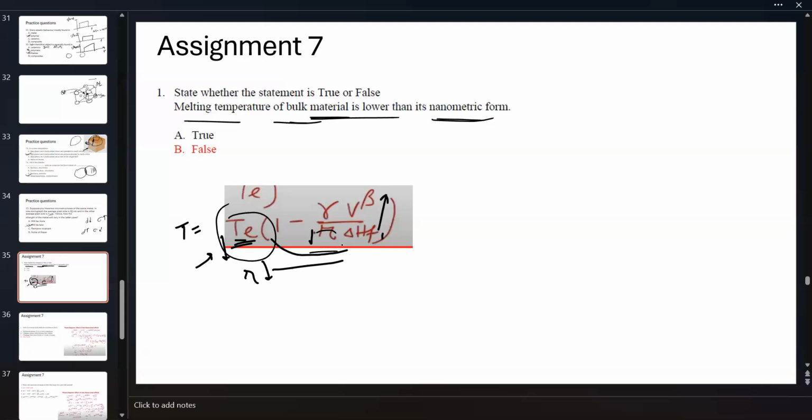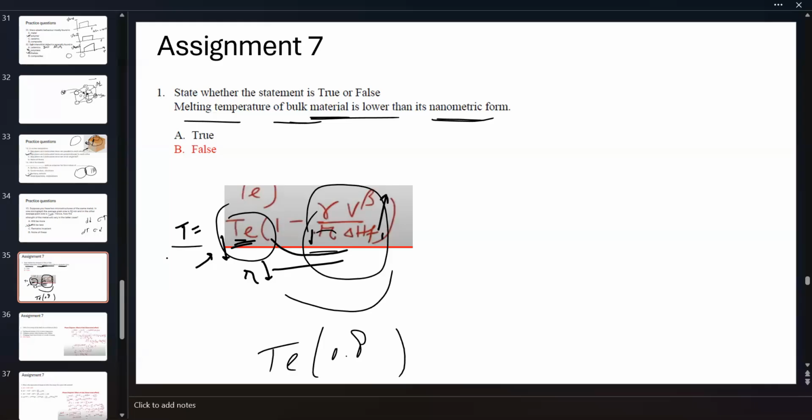In nanomaterial, R will be small, so this entire thing will be large. 1 minus something, so definitely it will be less than 1. TE multiplied with something less than 1 will be lower. So melting temperature for nanomaterial is lower than bulk, not the other way. For bulk material, it should be higher than nanomaterial.